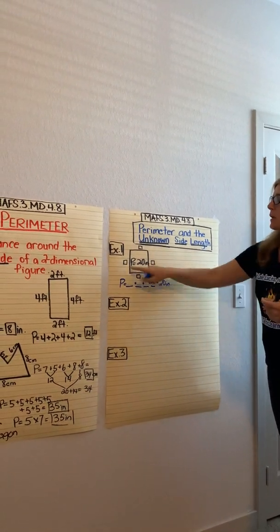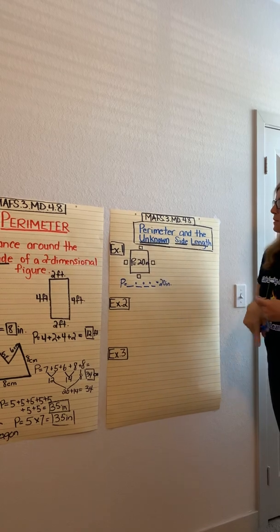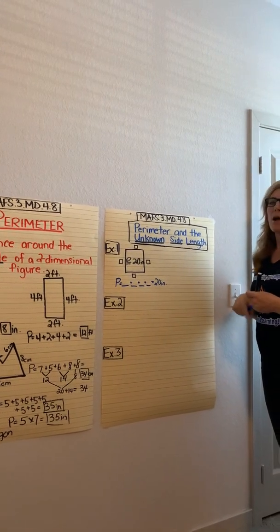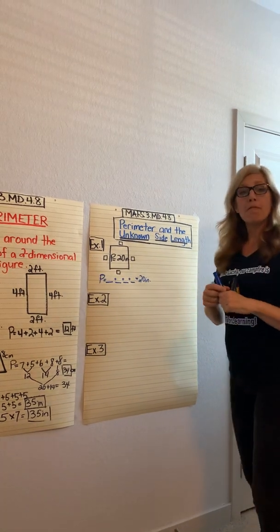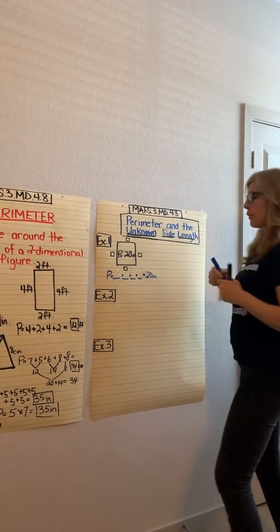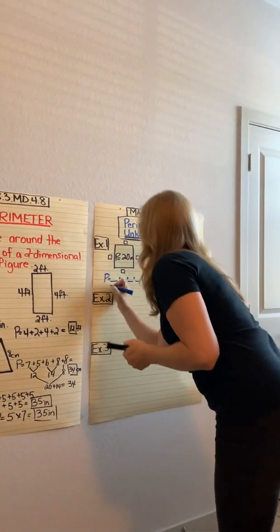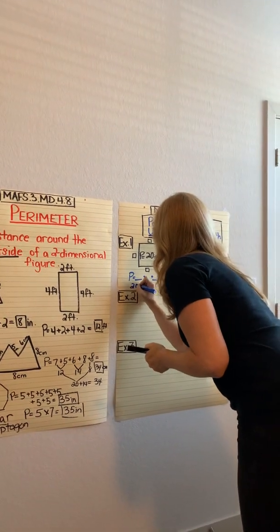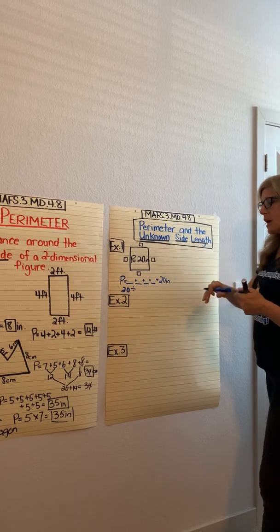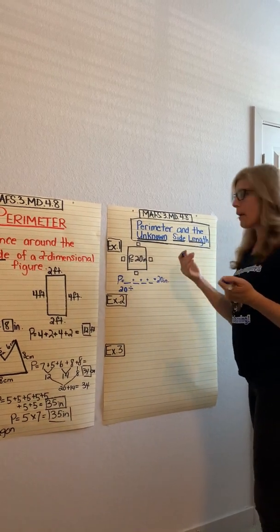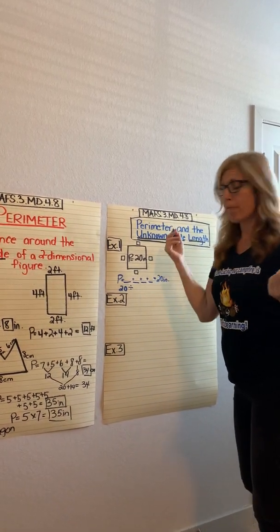Well, the fact that we know that all of these unknowns are the same makes this a really, really easy division problem. And remember, in division, my total comes first. So I can go ahead and put my perimeter, and now I want to divide it by how many sides I have. And we have a square, which is a quadrilateral, so we have 4 sides.